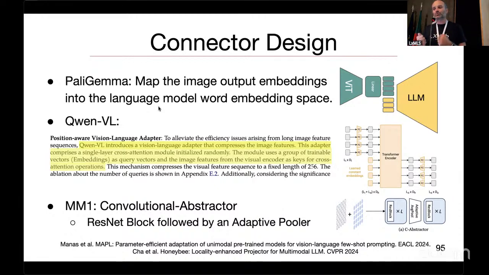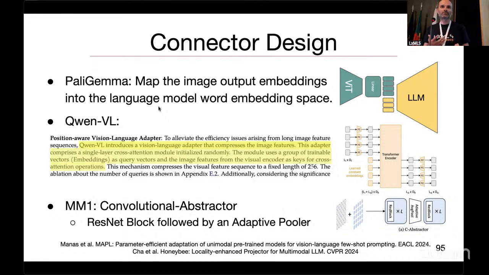Whereas a model like Qwen-VL, at least the first iteration, tried to learn how to produce fewer output representations of the inputs. So you maybe give 256 inputs to the transformer encoder, but say, I only want you to give me 16 different outputs. And then the transformer encoder has to learn how to compress all of the visual input data into the output space.